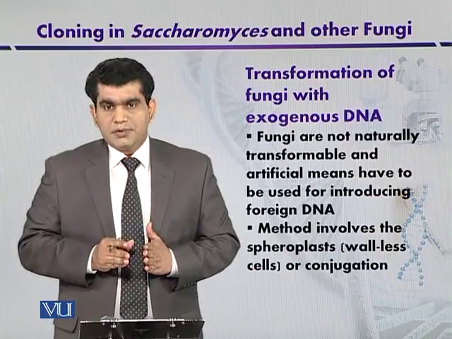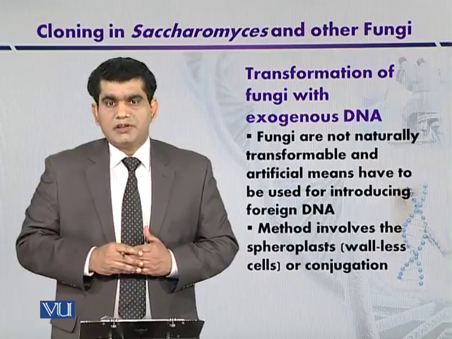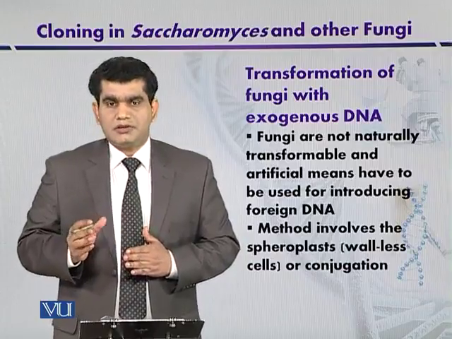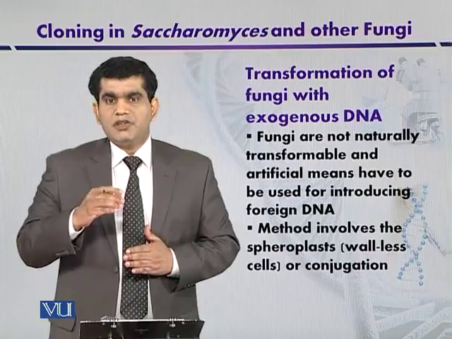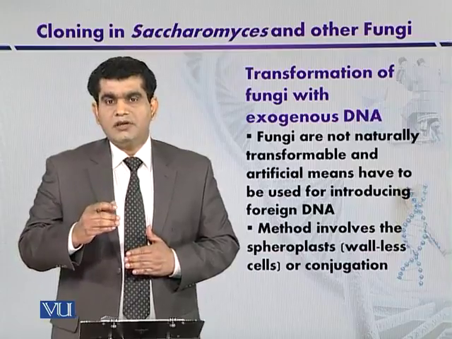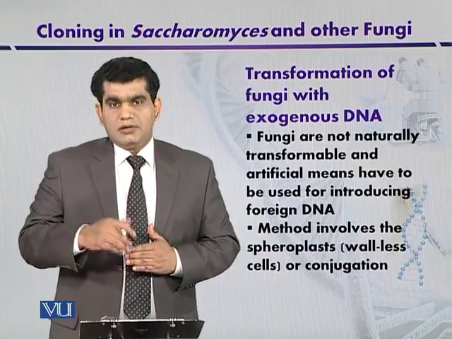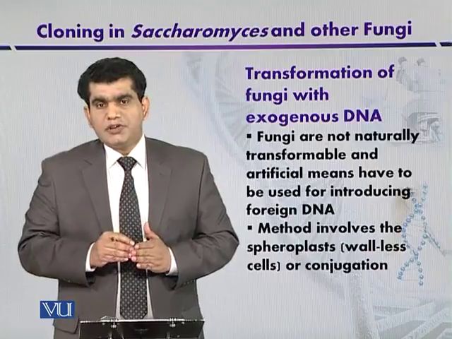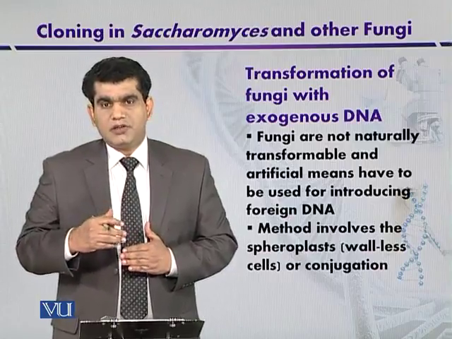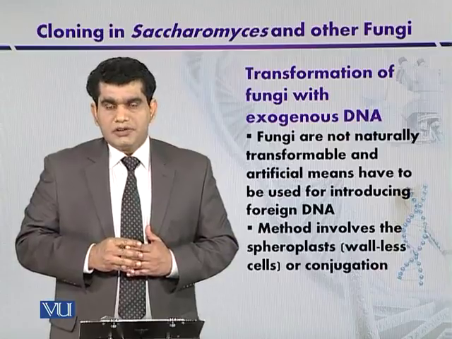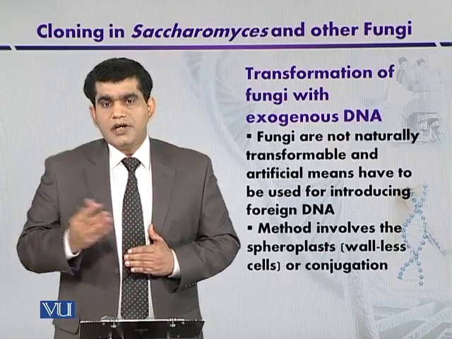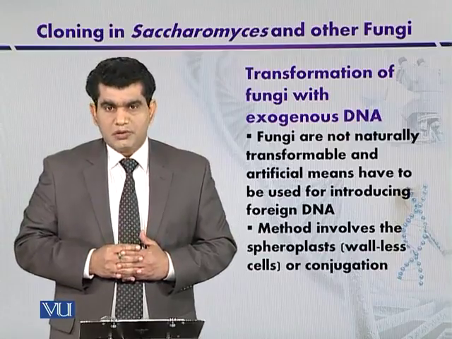For this purpose, a sort of shuttle vector can be developed that replicates within E. coli, and then they can be used to develop a conjugation tube with the yeast cell, so that foreign DNA can be inserted by using a sort of recombinant molecule.